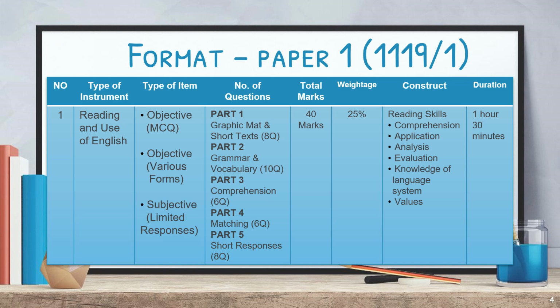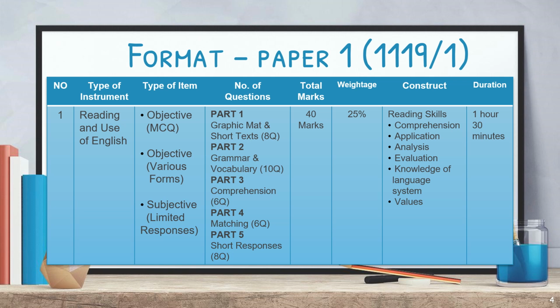So there are 3 types of items used for this paper. Objective, which is multiple choice, objective in various forms, and subjective with limited responses. Now, Part 1 will be focusing on graphic materials and short text.